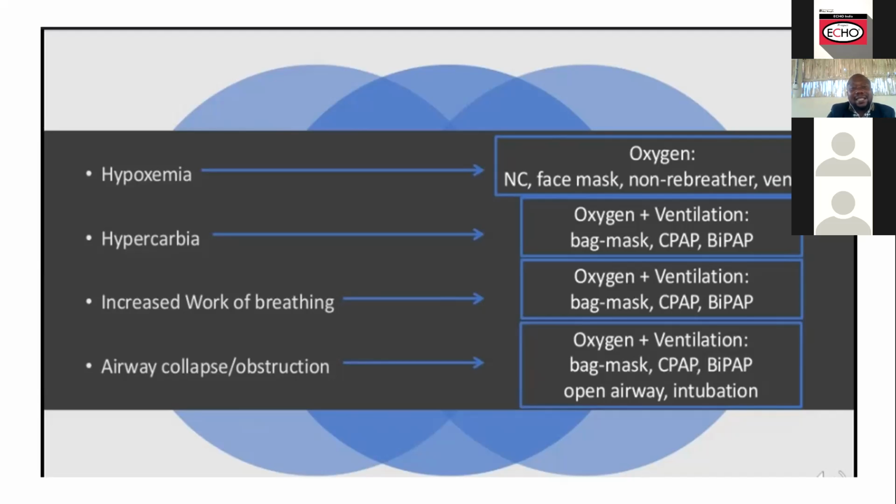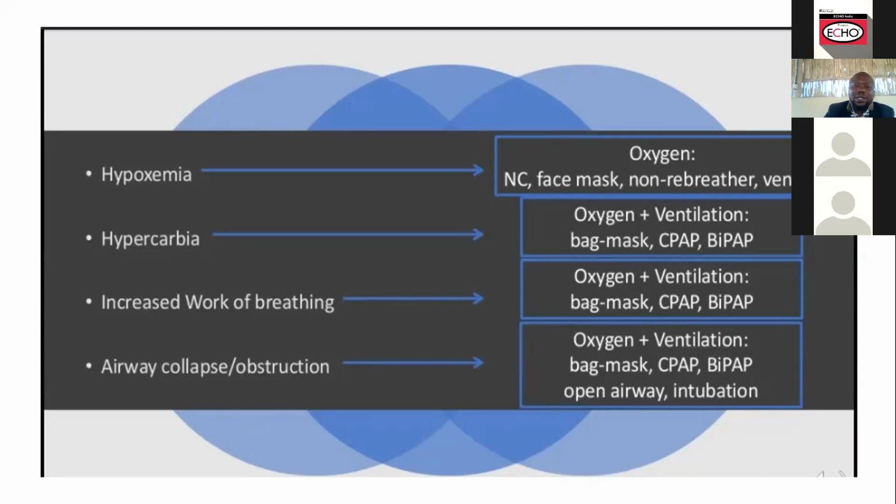In such a case, as we see here, in a hypoxemic patient you need to give oxygen via nasal cannula, facial mask or rebreather. But remember, if airways are obstructed, try to clear them so that the oxygen you are giving has a way to go through and reach the alveoli. If there is hypercapnia, oxygen ventilation can also help.